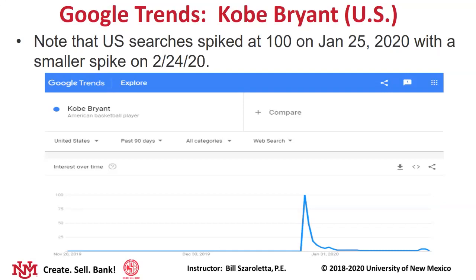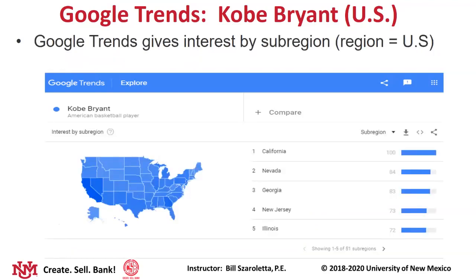But it's interesting to see spikes, and that those aren't a long-term trend, but what you would call an abnormal event. But it also gives you, by sub-region, again, here's the United States, we can see California really was 100, Nevada, Georgia, New Jersey, Illinois, places that were searching.